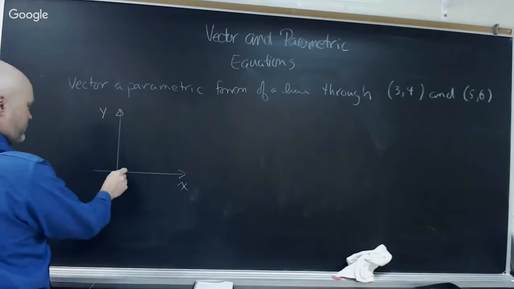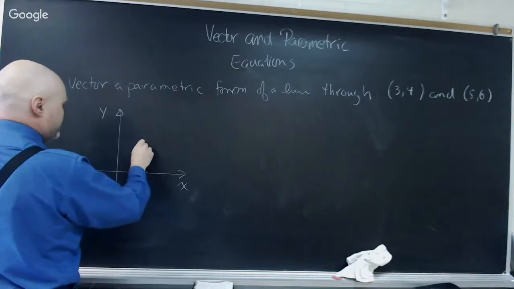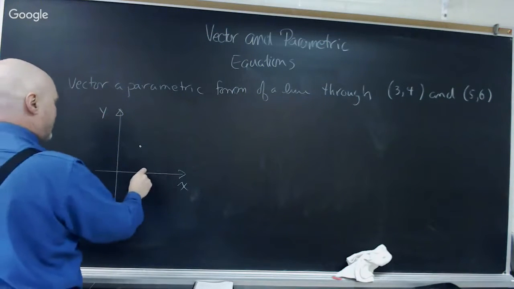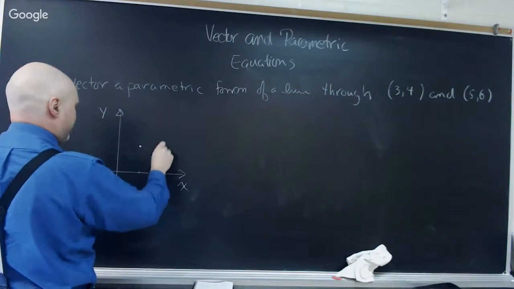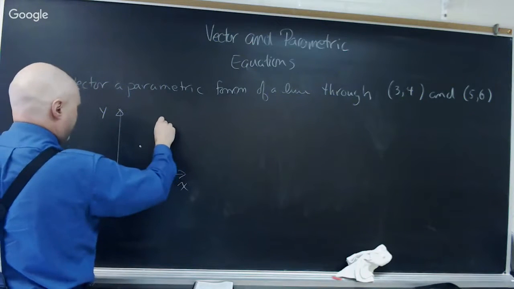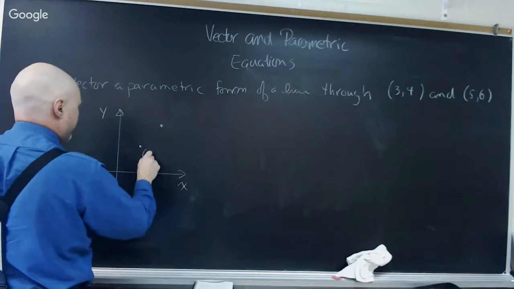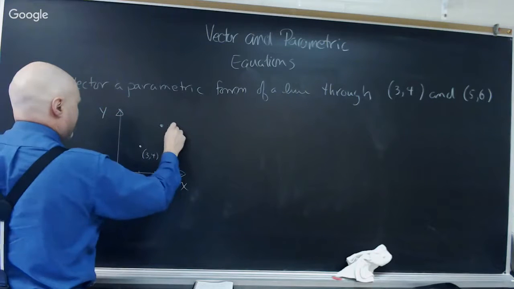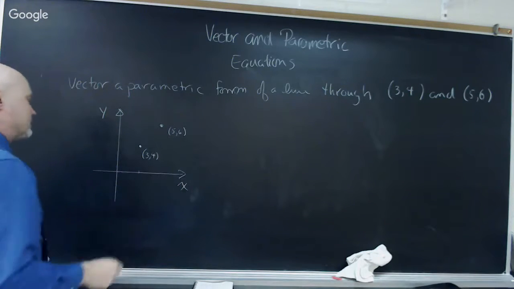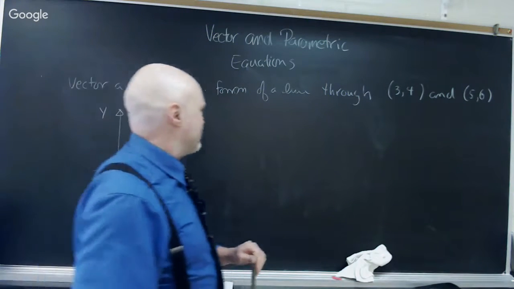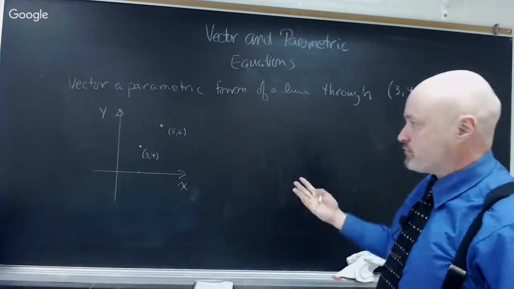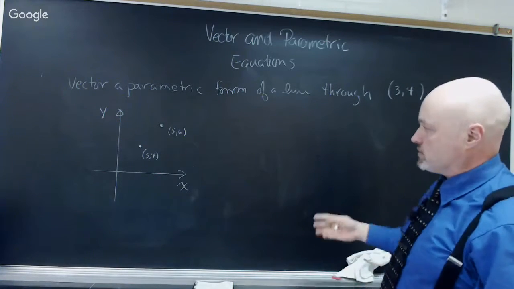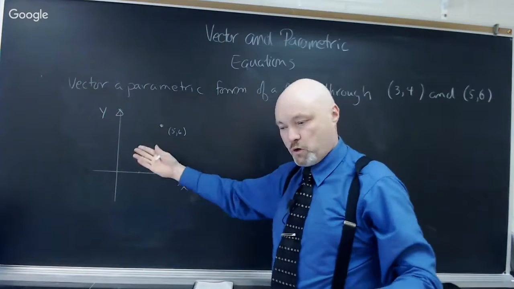So anyways, we're over here at 3, 4, so there's a point there. And then we've gone over to 5, 6. So here's 3, 4, here's 5, 6. And we want to come up with a vector equation that's going to go through those 2 points.